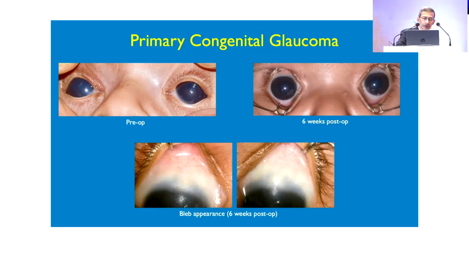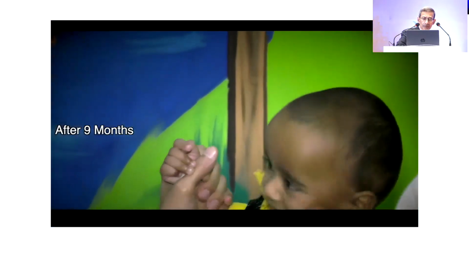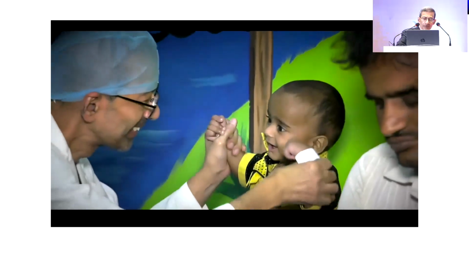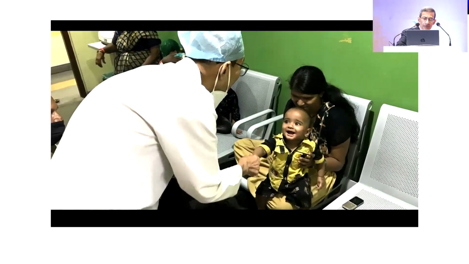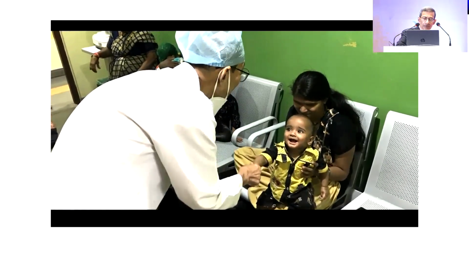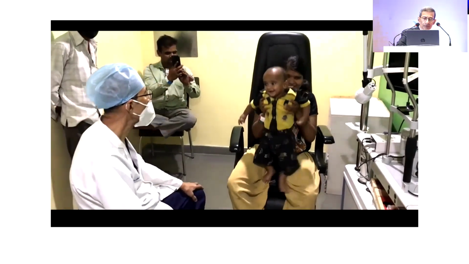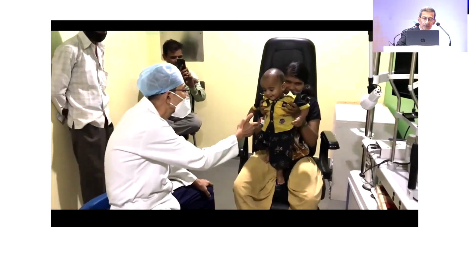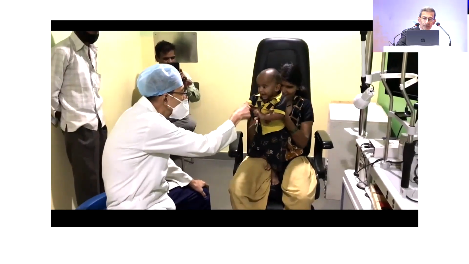At 6 weeks postoperative, the child had total clearance of corneal edema in both eyes and the bleb appearance was satisfactory. The child is enjoying age-appropriate normal visual acuity in both eyes and the activity of the child is normal, and the parents are extremely happy with the surgical outcome.